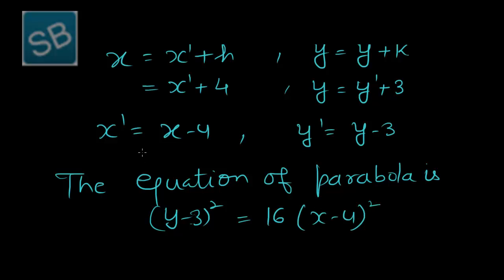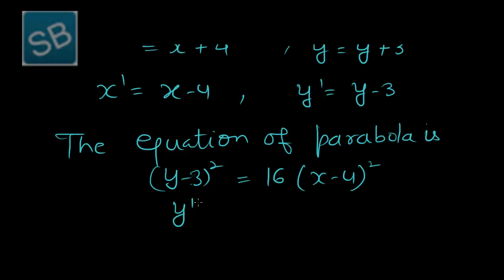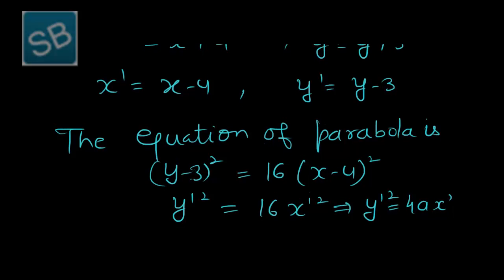So using x minus 4 is equal to x dash and y minus 3 is equal to y dash, we will get y dash square is equal to 16x dash, which is the required equation of the parabola in new coordinates. So if we compare this with y dash square is equal to 4ax dash, we will get 4a is equal to 16. That implies a is equal to 4.